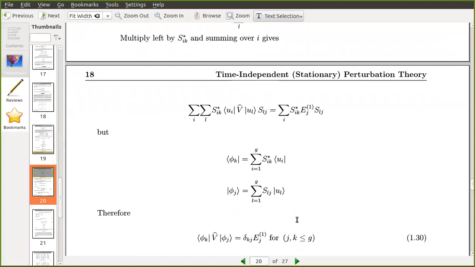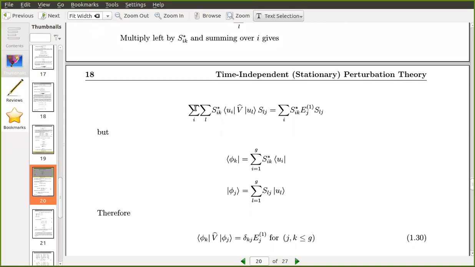Now you can divide this one part into phi K and the second part into phi J. So what is phi K, bra phi K, is sum over I equal to 1 to G of Sik star bra UI.